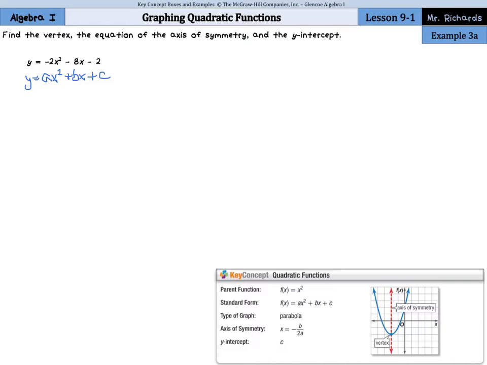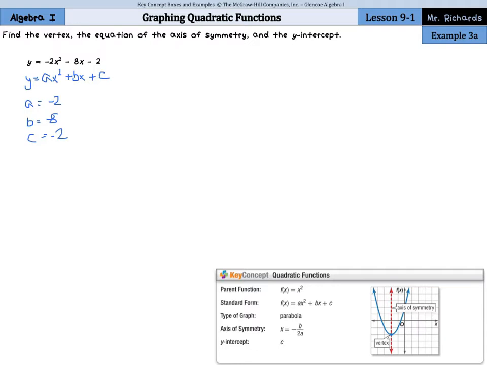Now, our a here, in this example, is negative 2. Our b is equal to negative 8. And our c is also equal to negative 2. And we're going to use those now to calculate these.